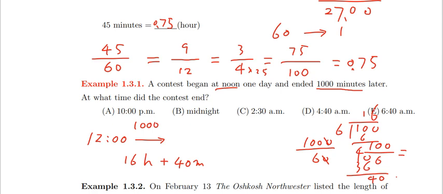Okay, so from 12, 16 hours later, subtracting 12, equals 4 o'clock.